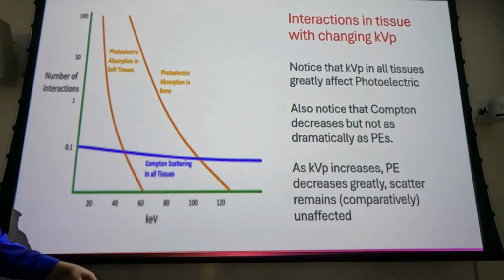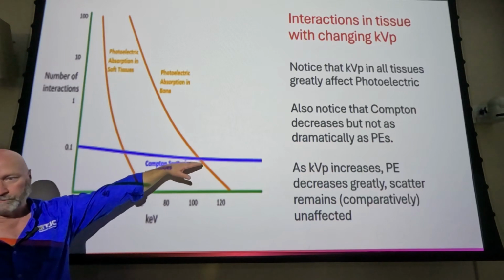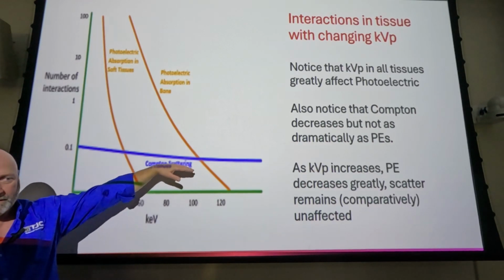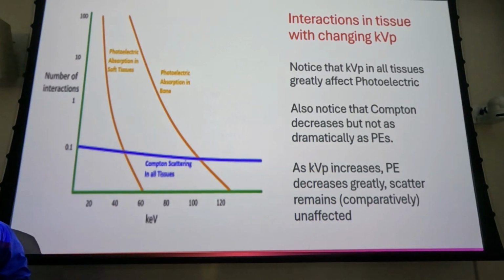Okay? So, did it decrease in bone? Yeah. Is it significant? Not really. But what can you tell me about bone versus soft tissue?